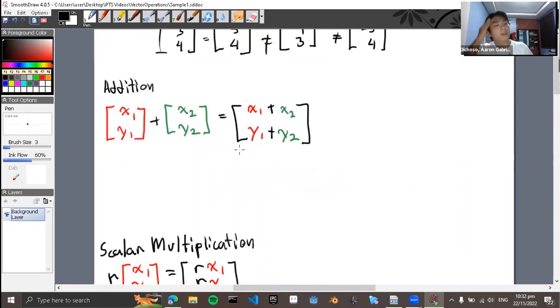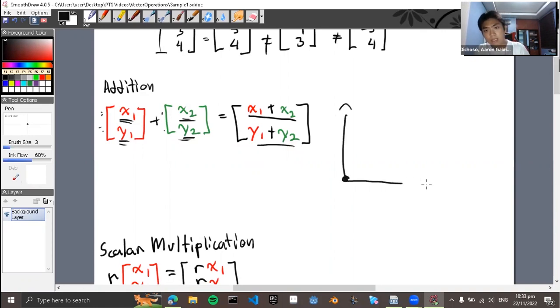Addition. Now, addition is somewhat self-explanatory. Here we have two column matrices representing vectors, and we add them together by adding their corresponding parts. So the x on top, they get added together, and the y on the bottom, they get added together. Visually, it would look something like this.